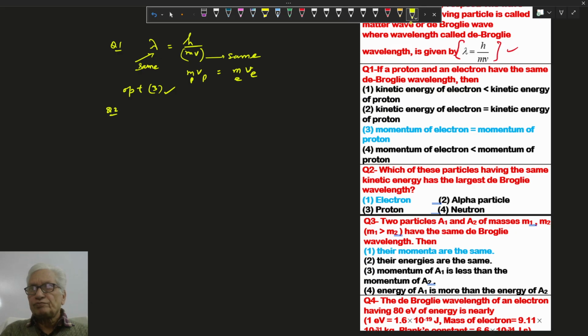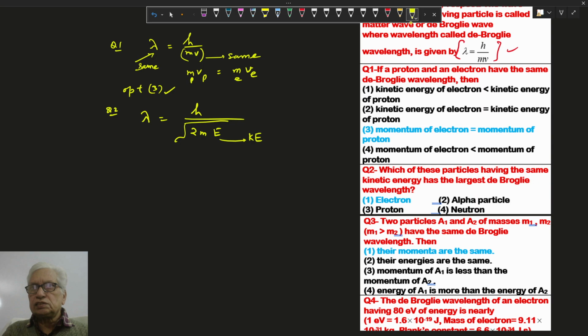Question 2. Each of these particles having the same kinetic energy, and largest de Broglie wavelength. So the same formula can be converted into lambda equal to h upon root of 2 m E, where E is the kinetic energy.